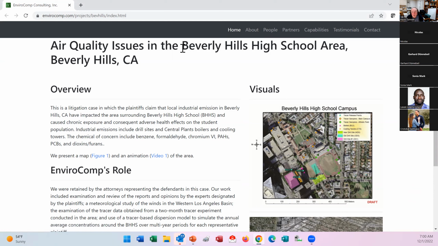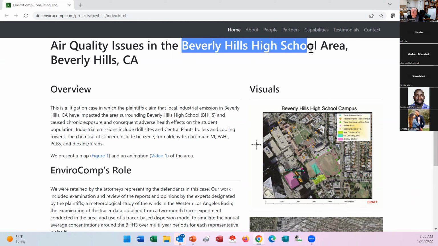This is the famous city of Beverly Hills, which has a very famous Beverly Hills school area in Los Angeles where, you know, many important people, even actors, have studied when they were teenagers. So it's quite a famous school. And very close to the school, there is an extraction well, an oil extraction facility.